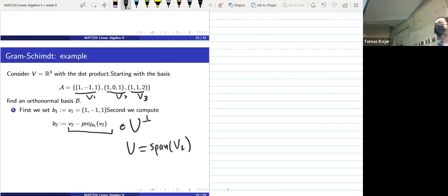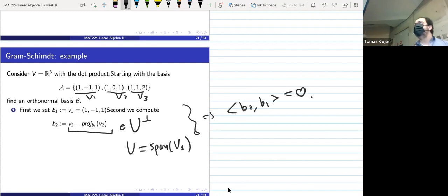So, okay. Just by doing this, you made B2, B1 to B0. V2, V1 are not perpendicular. Let me prove it.